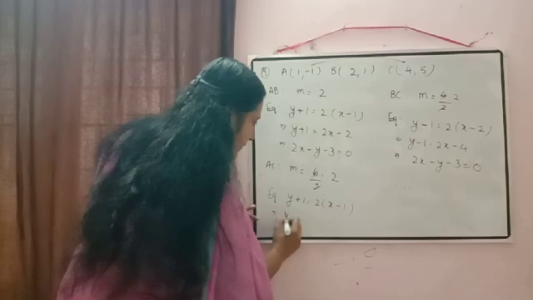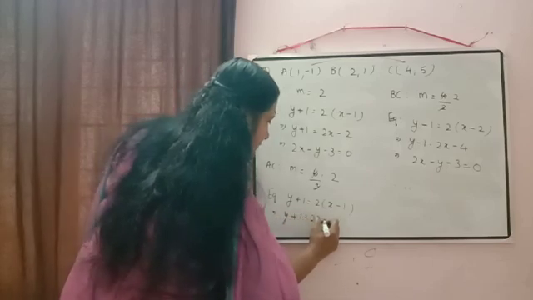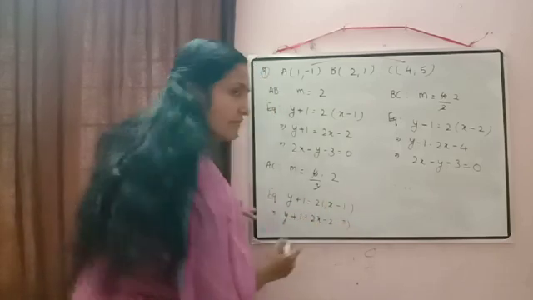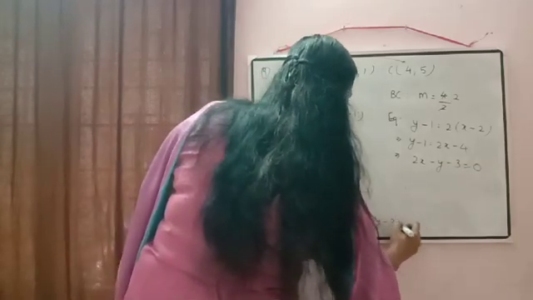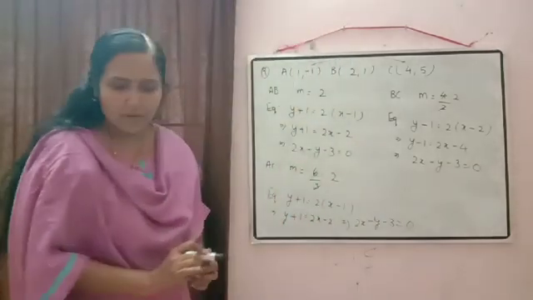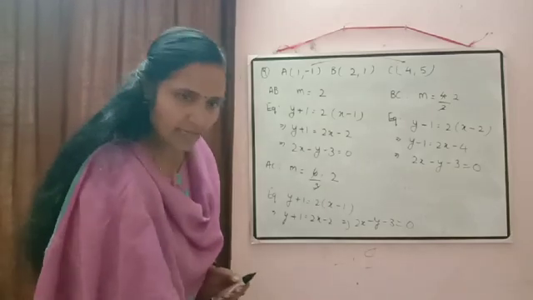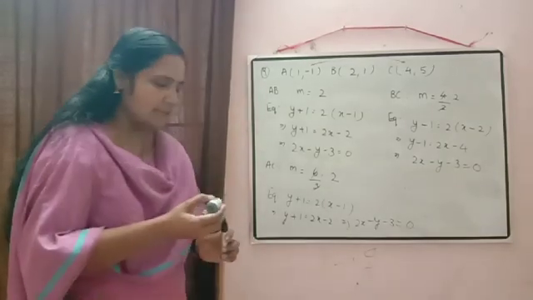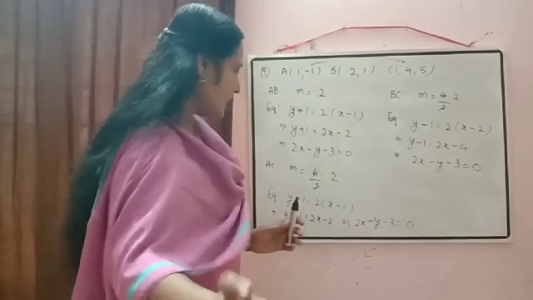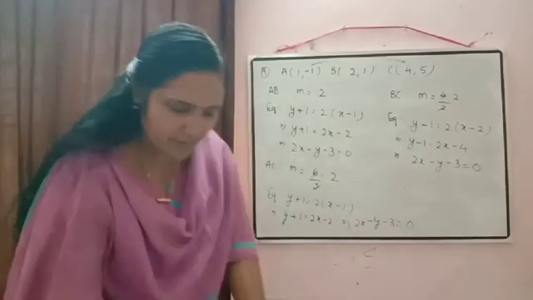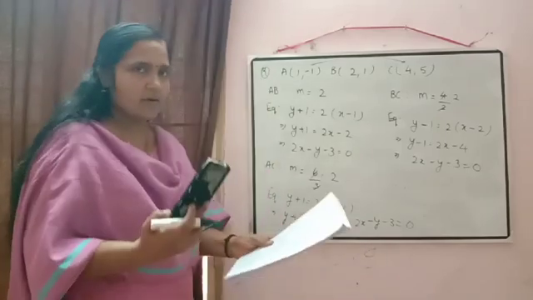So we will get y plus 1 is equal to 2x minus 2. Again shift all the expression to one side, then we will get 2x minus y minus 3 is equal to 0. So just to check here, the equations of these three line segments AB, BC and AC are the same. Therefore they are collinear.